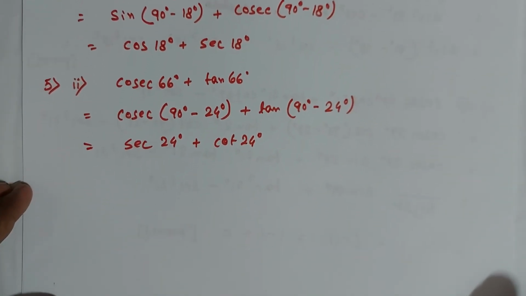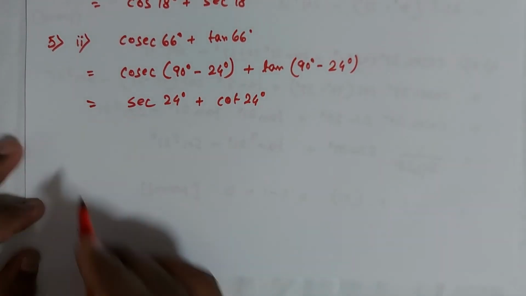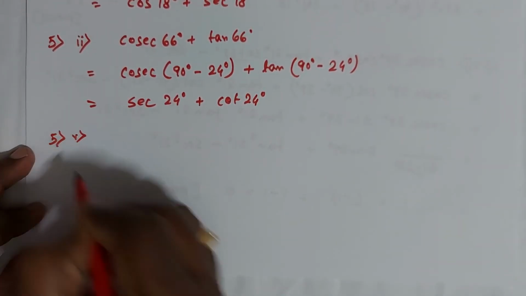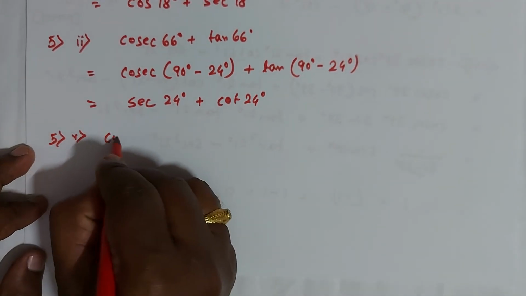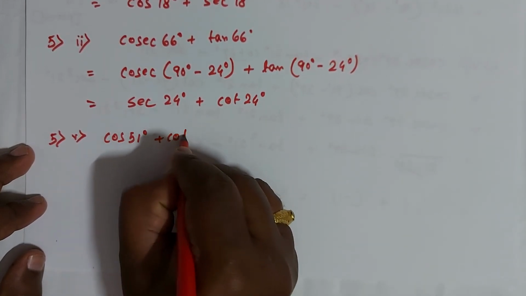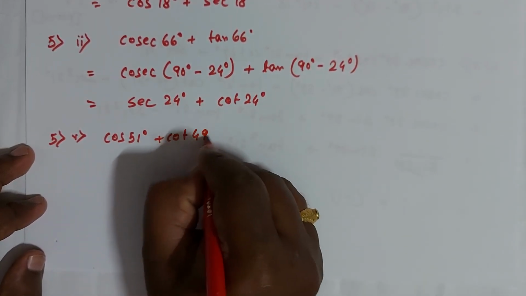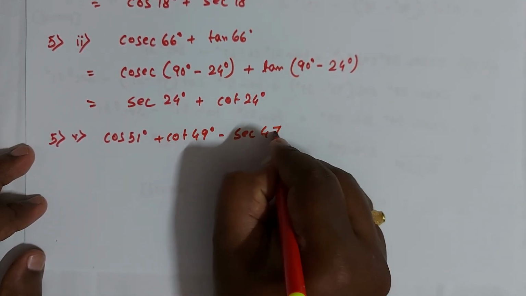Next question is question number 5 of 5: cos 51 degree plus cot 49 degree minus sec 47 degree.